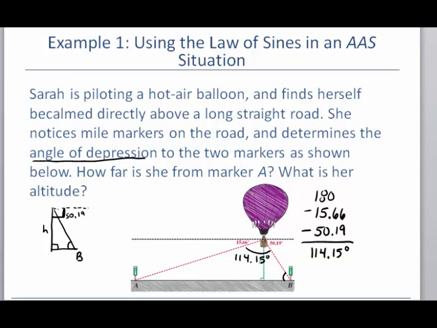So I'm going to take 90 degrees, which is my right angle. I'm going to subtract off 50.19. And that is going to give me the angle at the top. So that angle is going to be 39.81.